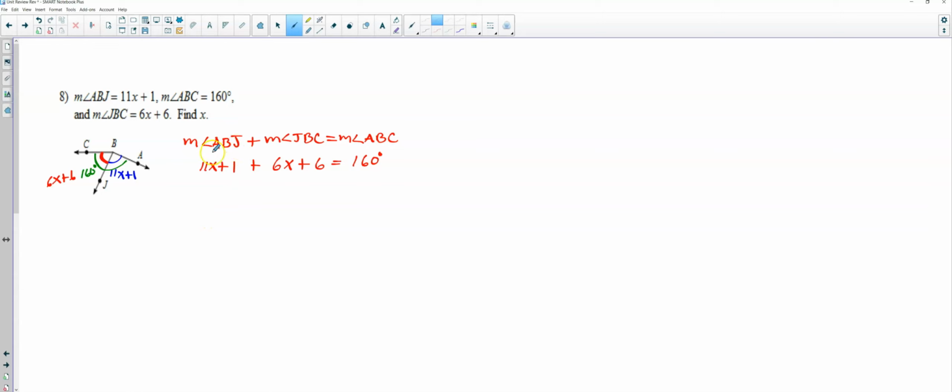All right, so now combine like terms. So notice 11x plus 6x, that's 17x. 1 plus 6, that's 7, equals 160 degrees. So subtract 7 from both sides, so you have 17x equals 160 minus 7. So that is 153. Okay, so now all you have to do is x equals 153 divided by 17.